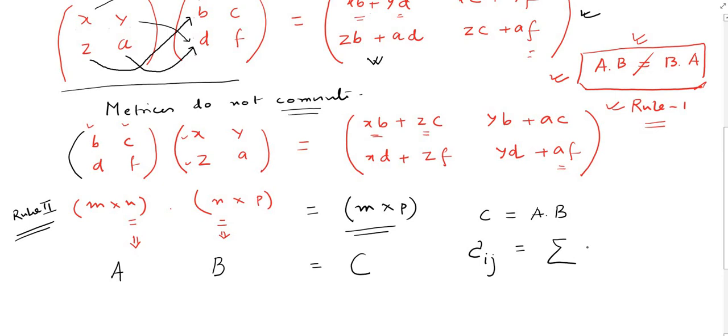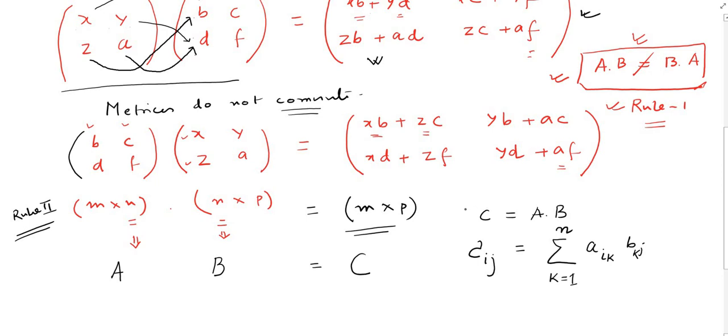So the formula for any element will be the summation of A i k times B k j, where k equals 1 to, how long will we do it? We'll do it n times.